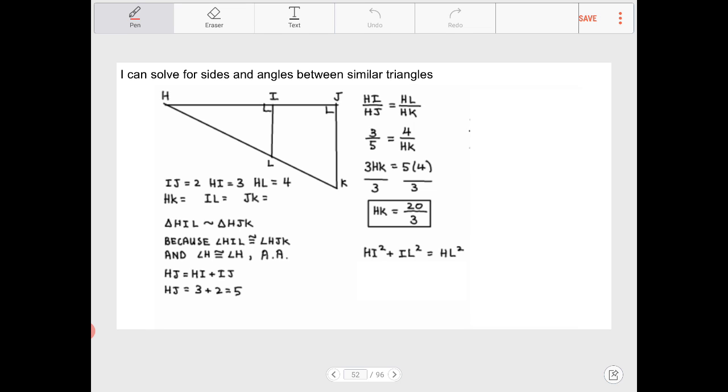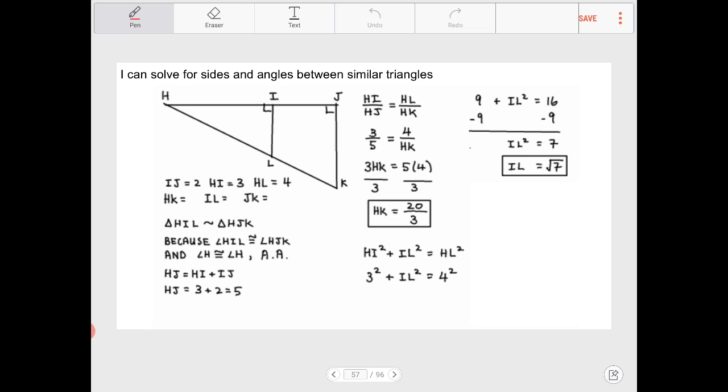I know that HI squared plus IL squared is equal to HL squared. I'm going to substitute in all the things that I know. HI is equal to 3, IL is unknown, HL is equal to 4. I'm going to solve for IL. IL squared, as it turns out, will equal 7. So therefore IL will equal the square root of 7.